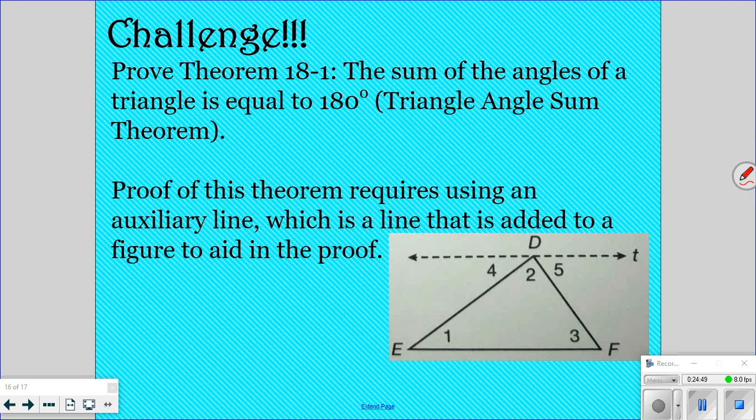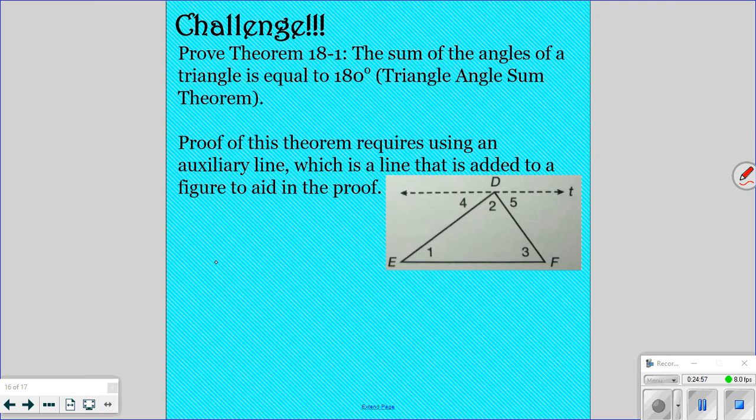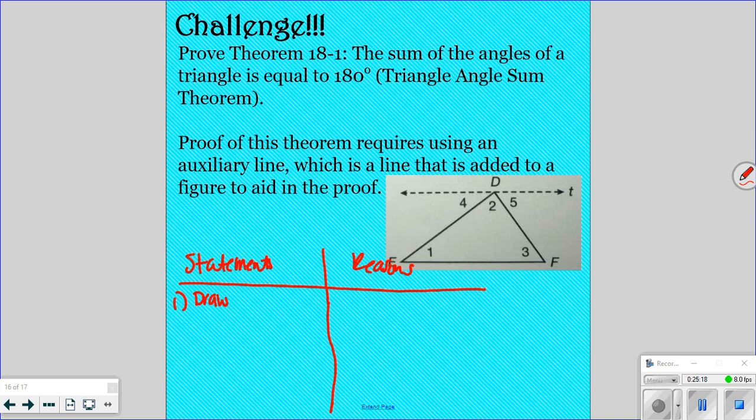So for this one, what you're going to want to start with is that we're going to draw line T parallel to EF.